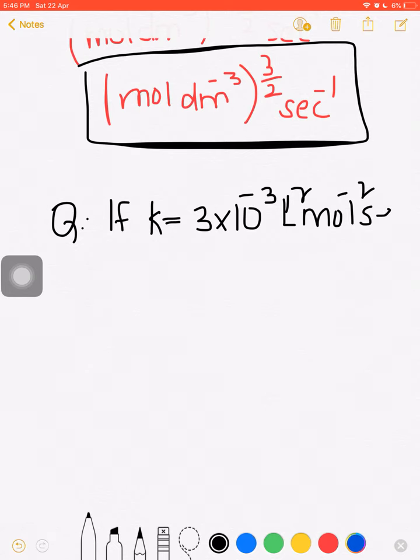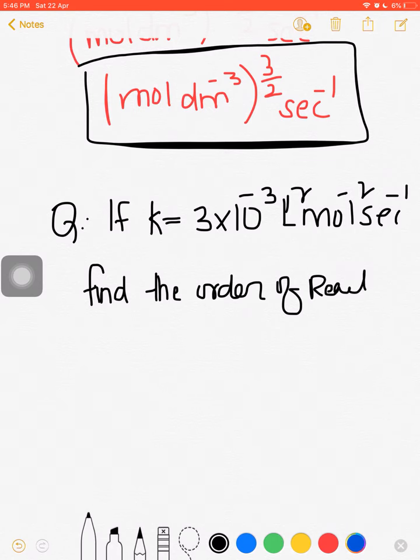By looking at the unit of k, which order of reaction is it? Here I am asking, find the order of reaction, right? If you know the form, like the unit, you can easily find out this is a third order reaction. But if you don't, we have a trick for that too.